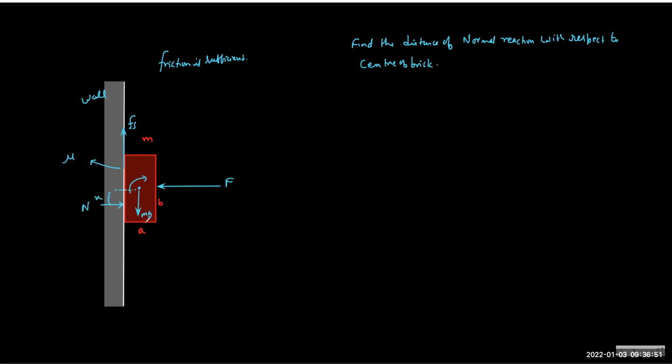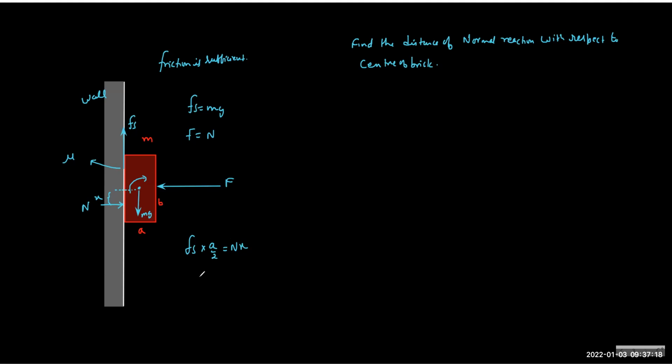And the simple equation is Fs into A by 2 is N into x. And therefore, x turns out to be how much? You can put the Fs value because for equilibrium, Fs equals mg. Also, F equals N for translational equilibrium.